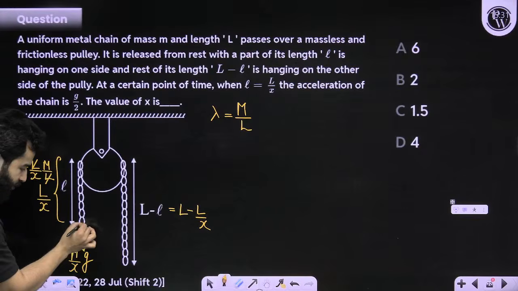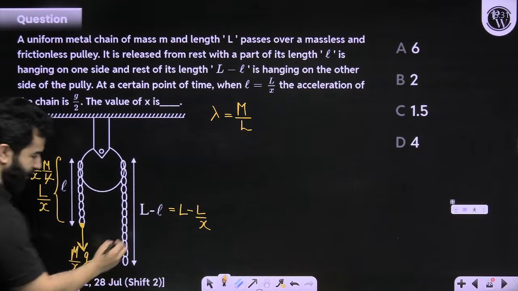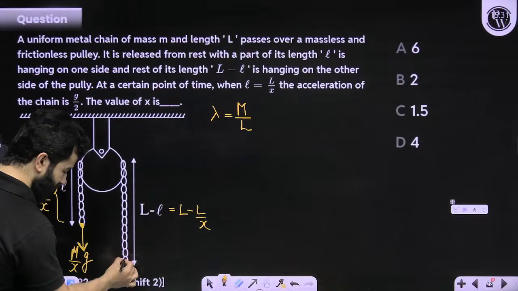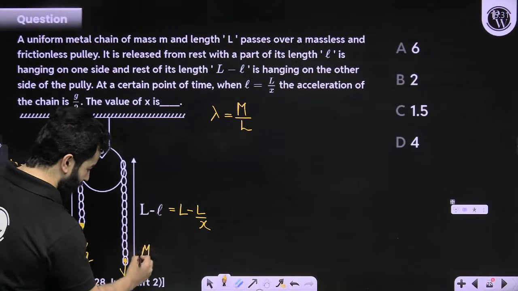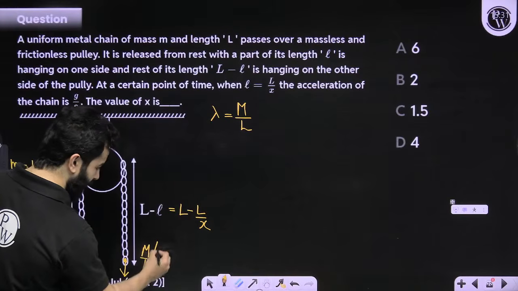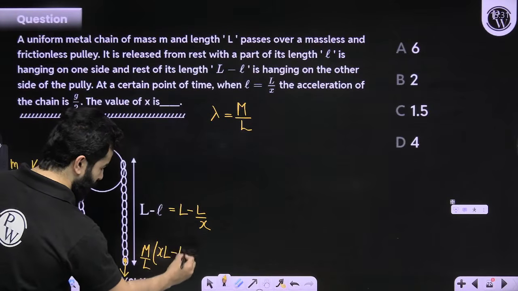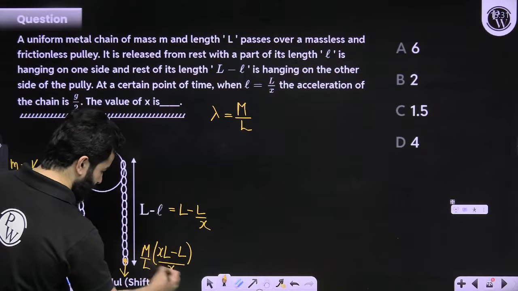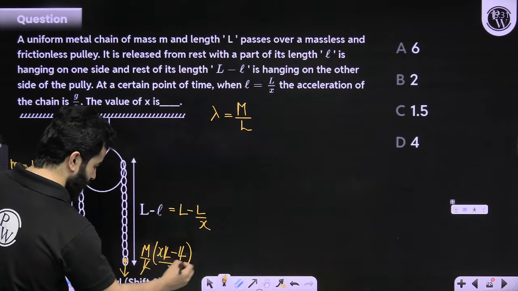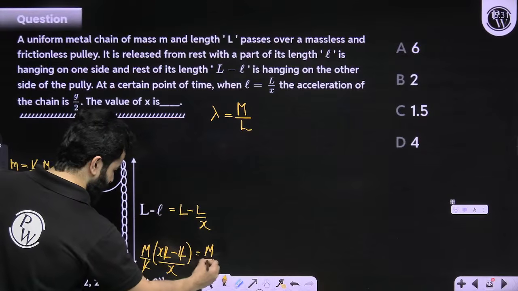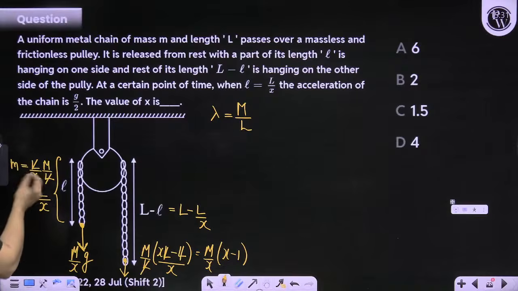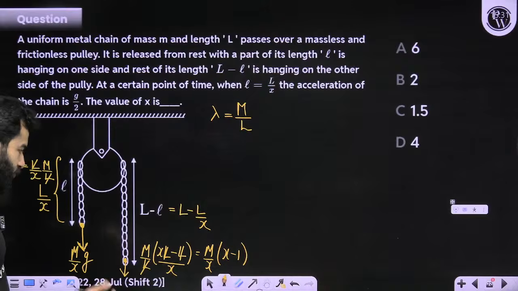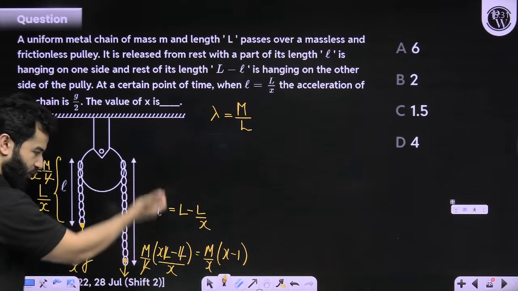Mass over here will be m by L multiplied by L minus L upon x. I can cancel out this L, so I will get m by x times x minus 1. Over here I am getting mg by x, right? Clear? Obviously this is heavier, so this will go down.